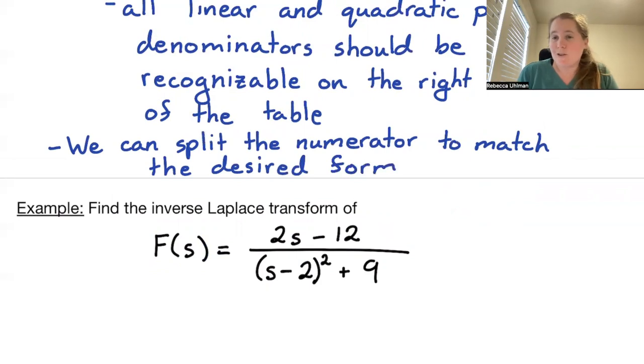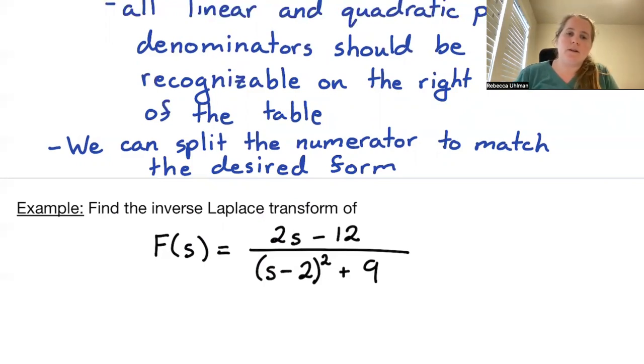We want to focus on the denominator because that's the thing that we can't really change other than via partial fractions. Whereas the numerator, we can split the fraction across addition and subtraction as much as we want, and we can pull out scalars from the numerator. So that's what we'll want to be playing with.